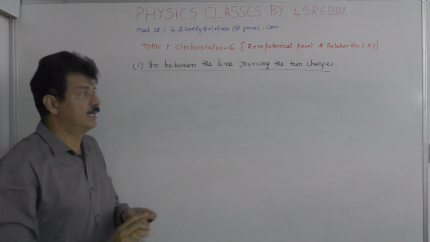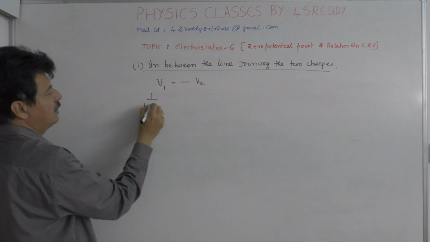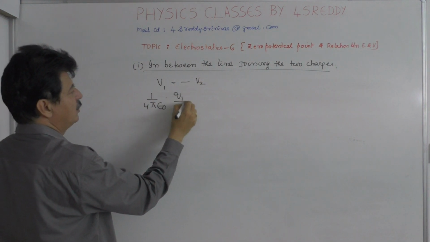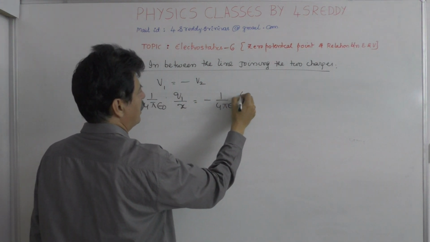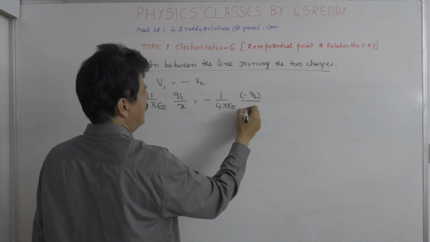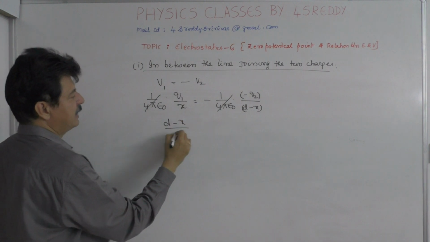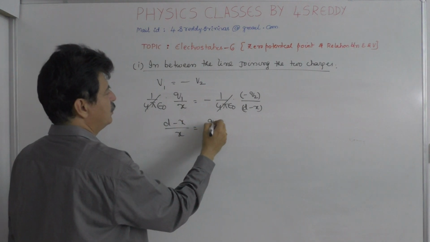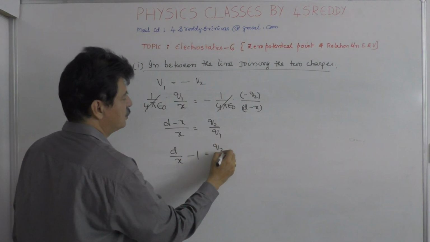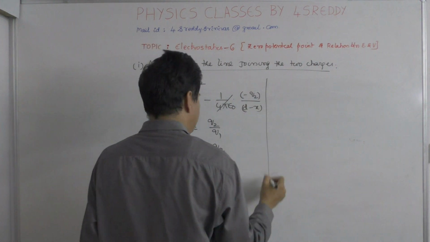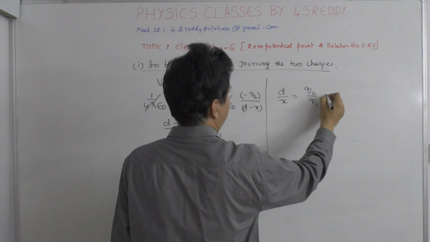Therefore, V1 is equal to minus V2. That is, 1 by 4 pi epsilon naught Q1 by x is equal to minus 1 by 4 pi epsilon naught times minus Q2 by d minus x. Therefore, d minus x by x is equal to Q2 by Q1, or d by x minus 1 is Q2 by Q1, which implies d by x is equal to Q2 by Q1 plus 1.